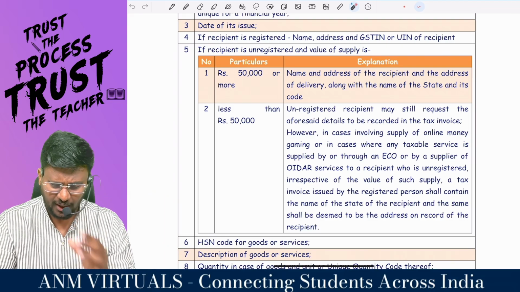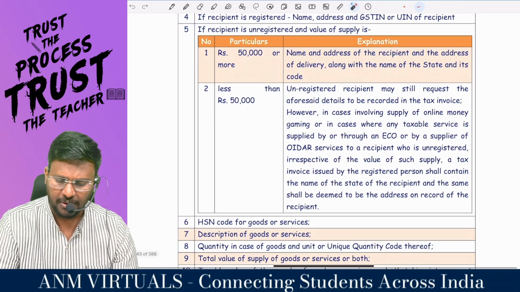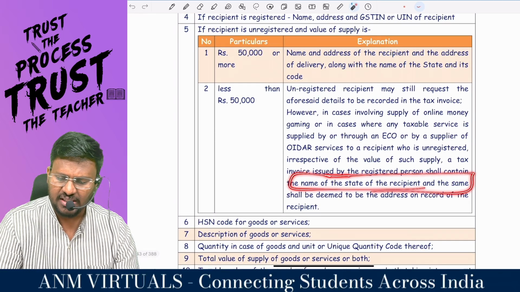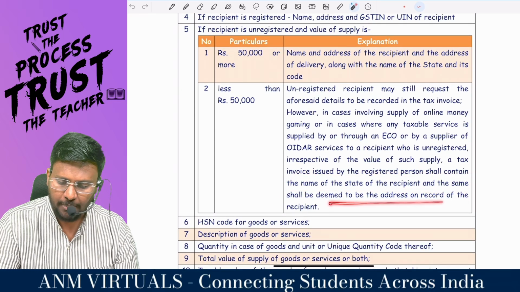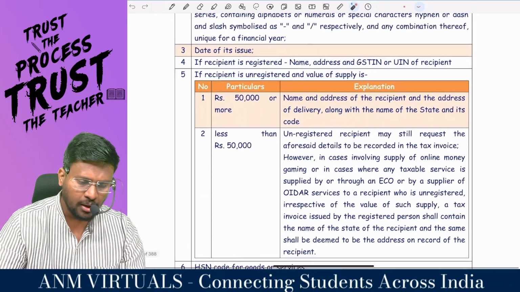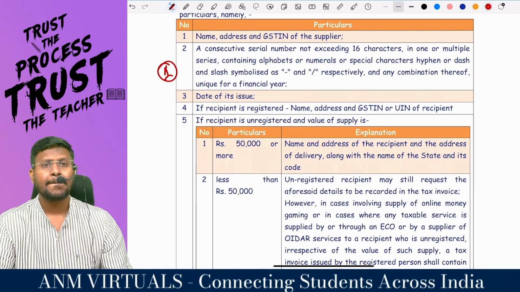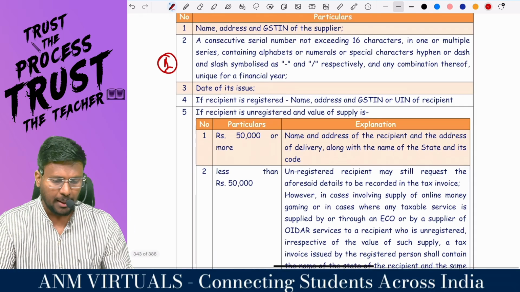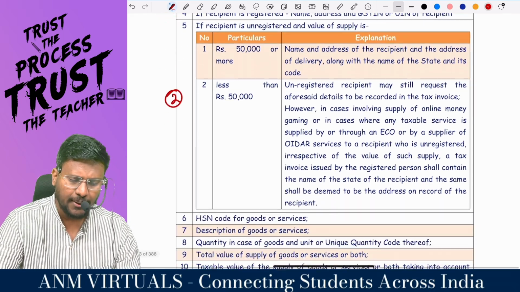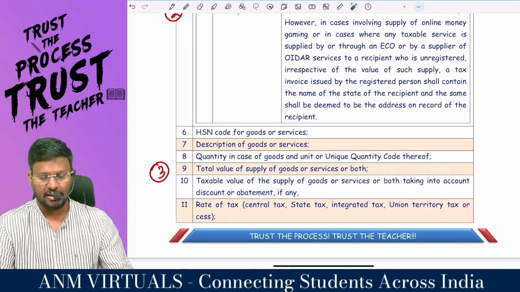You should mandatorily provide the details; the tax invoice issued by a registered person shall contain the name of the state of the recipient, and the same shall be deemed to be addressed on record of the recipient. So number one, we gave the details regarding the supplier. Number two, we gave the details regarding the recipient. Now we are going to give the other details.